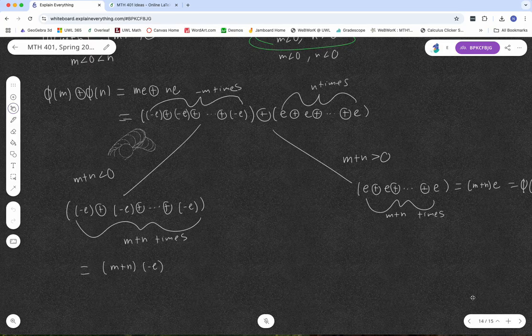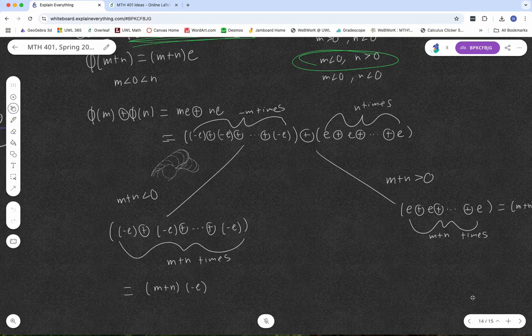Did I do this right? m is negative and n is positive, so negative m is positive. So if this is negative, yeah, this doesn't seem right.